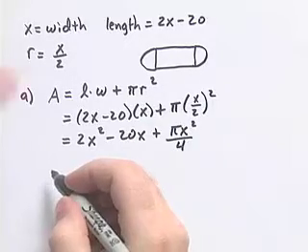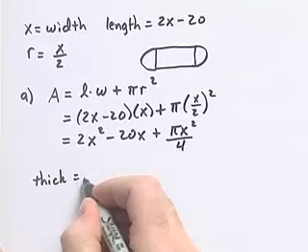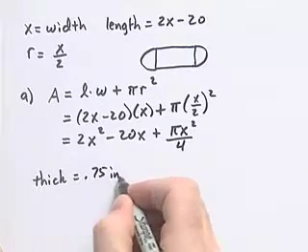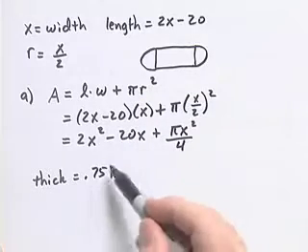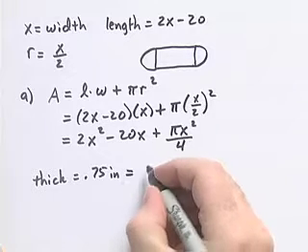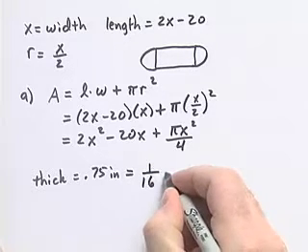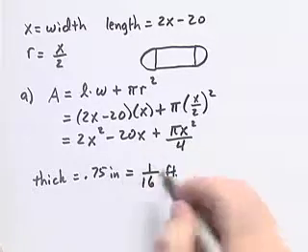And we know that the thickness of the ice is 0.75 inches. Everything else we've done up here has been in feet, and here we have inches, so we need to make sure that we write this in terms of feet. And 0.75 inches turns out to be 1/16 of a foot. So we have all the same units here.